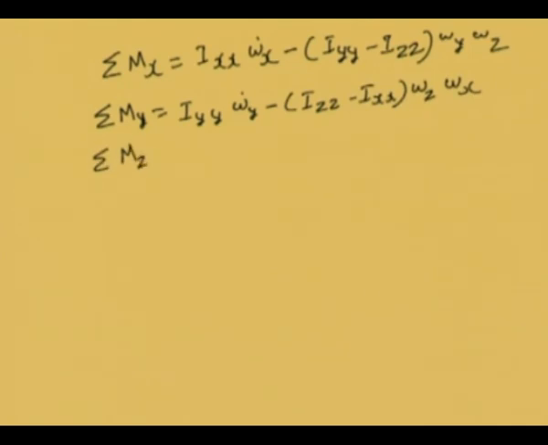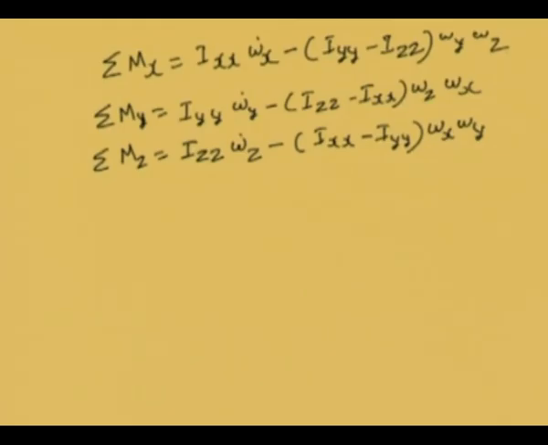Sigma Mz is equal to Izz omega dot z minus (Ixx minus Iyy) omega x omega y. So we get this set of somewhat simplified equations.